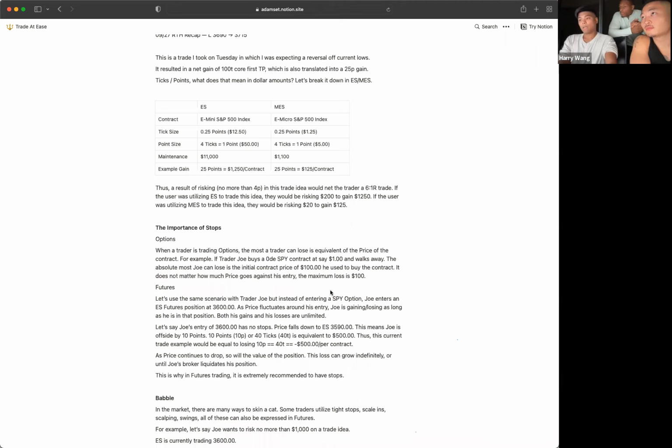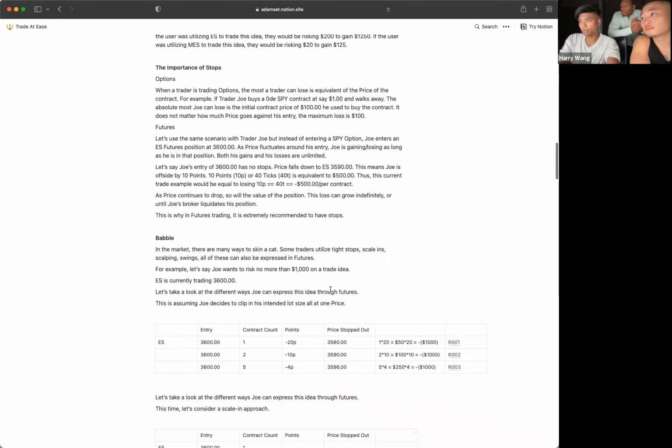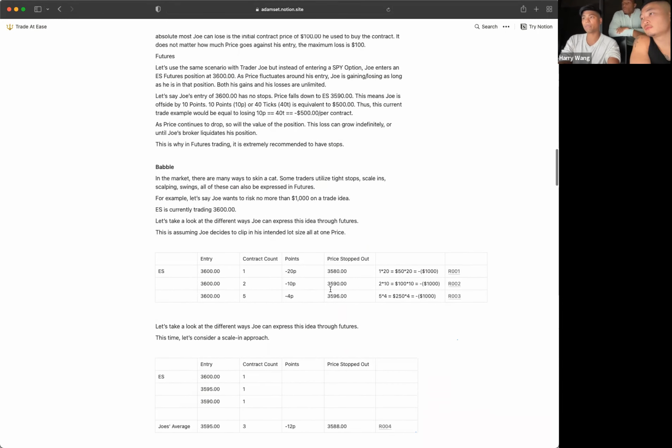So I just want to move forward onto the next sequence of this. In this market, again, the most important thing I'm trying to express is that there's a lot of ways that we can take advantage of people in the TradeAtEase community's ideas. Some people like to play in an options case, and they like to have a capped risk.